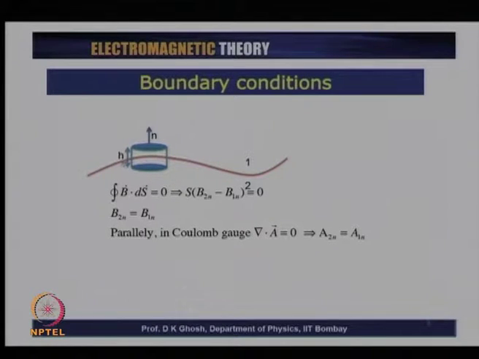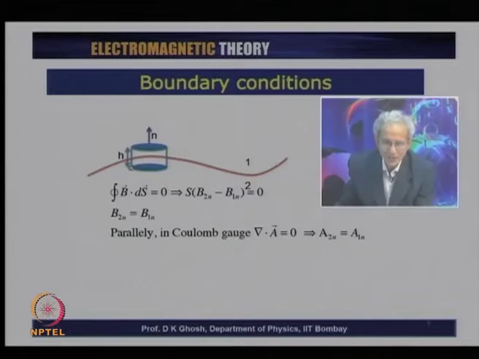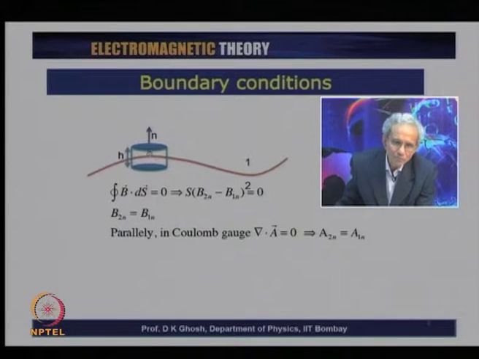Now, what I have done here in this picture is to draw a Gaussian pillbox, and this Gaussian pillbox is of a height h, and this height is small compared to the other dimension, namely the radius. The n here is an outward normal on the surface between medium 1 and medium 2.